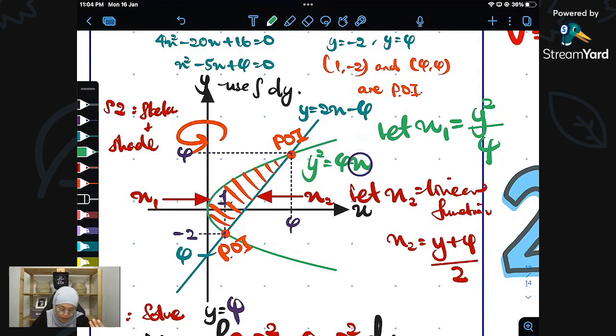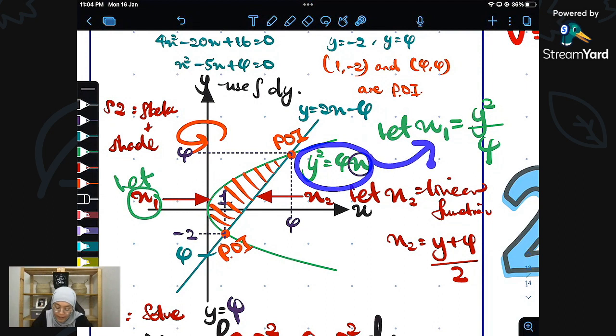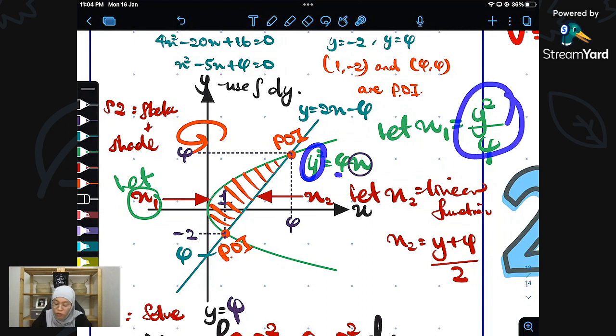Saya yang assume dia, ya. It is my choice, and therefore I need to rearrange this function into becoming x1. Saya yang labelkan dia sebagai x1, so saya tulislah dia sebagai x1 equals to y squared over 4. This is what I got.